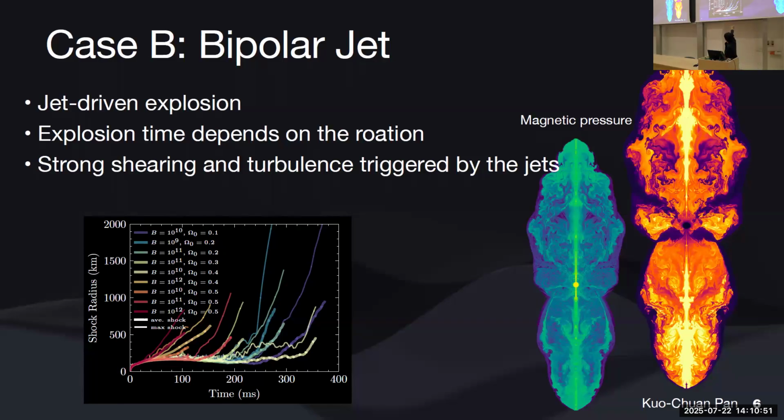You can see that for strong magnetic field and fast rotation, usually it has a very early explosion. But for other cases, you can also have a delayed explosion, but with bipolar jet structure. And the explosion time does not simply depend linearly on the magnetic field or rotation.